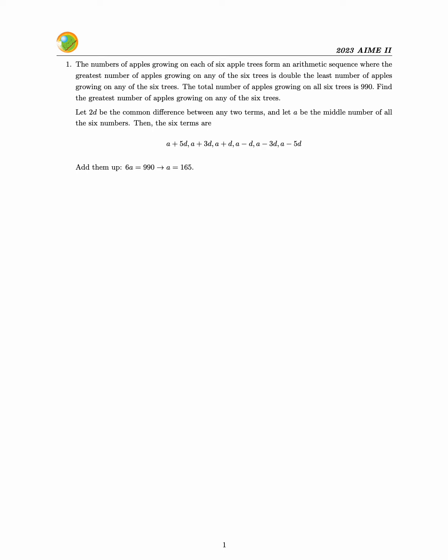Now I'll continue. Because the least number of apples is going to be a minus 5d, and the greatest number is going to be a plus 5d, we simply have a plus 5d equal to 2 times a minus 5d. A plus 5d is equal to 2a minus 10d.